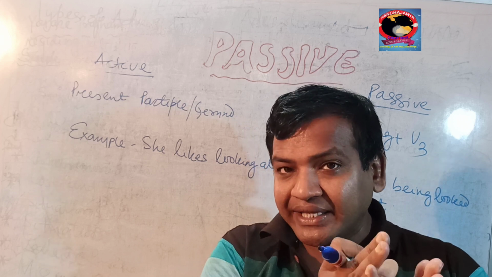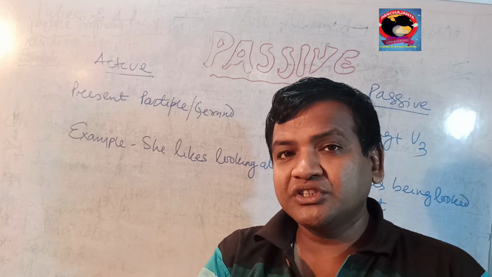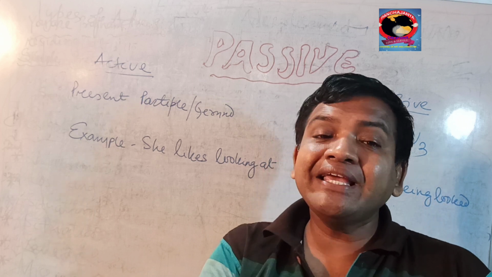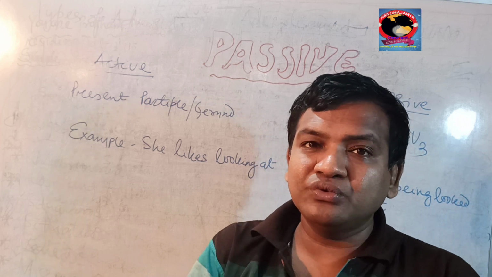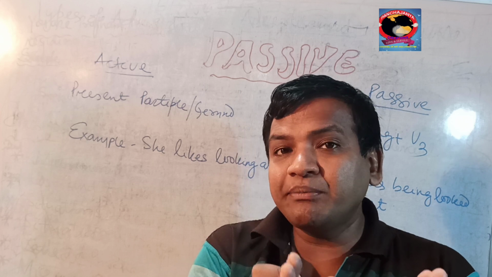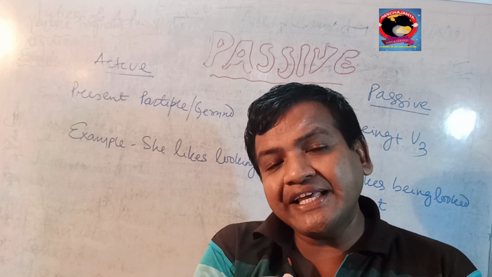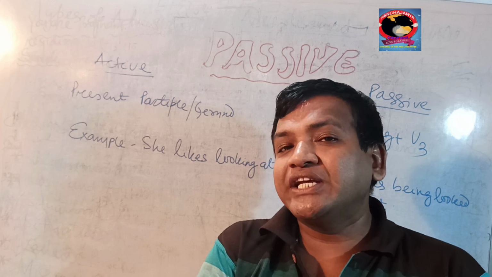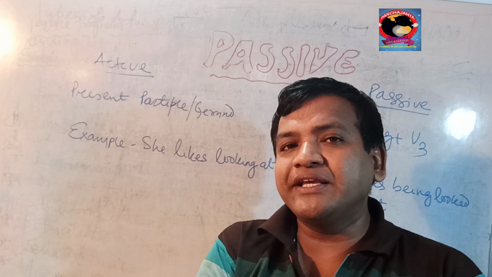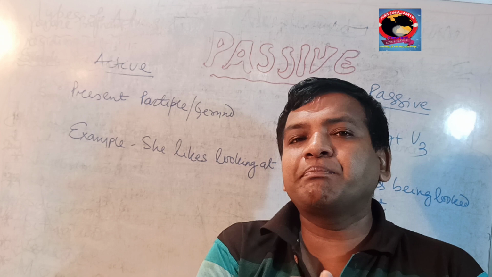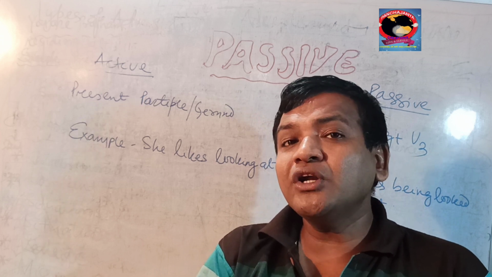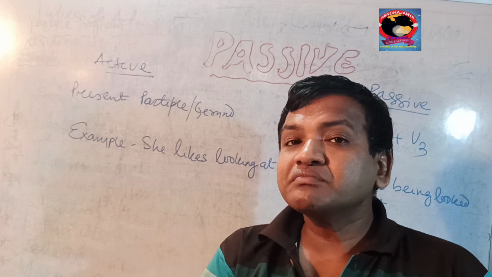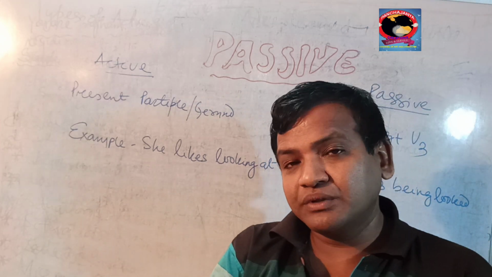If it is used as an adjective, like the crying baby is falling down, the crying baby, the ing is there and used as an adjective. That one is called present participle. And this one is called gerund, when a noun is to be used.